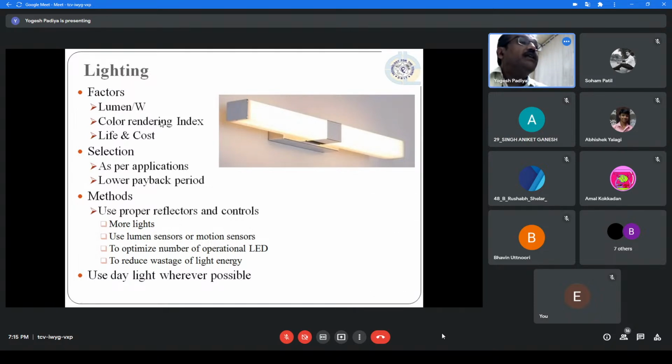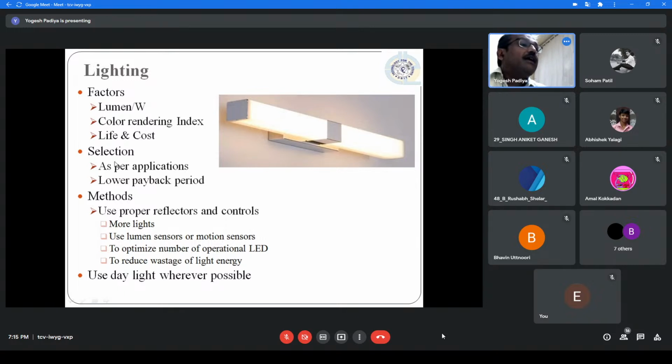So in the cloth business, they have to choose a light having CRI 100, because if they go for a light having a different CRI, then the actual color of the cloth may look different. Okay. Second, life and cost. So these are the three factors you shall first look into, and accordingly you shall choose the light.